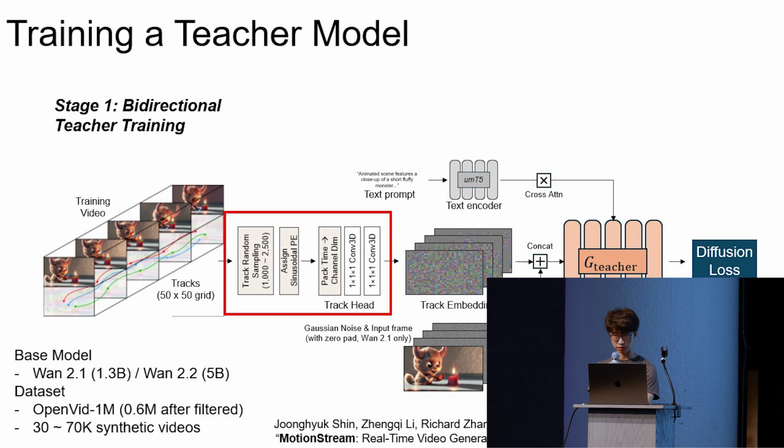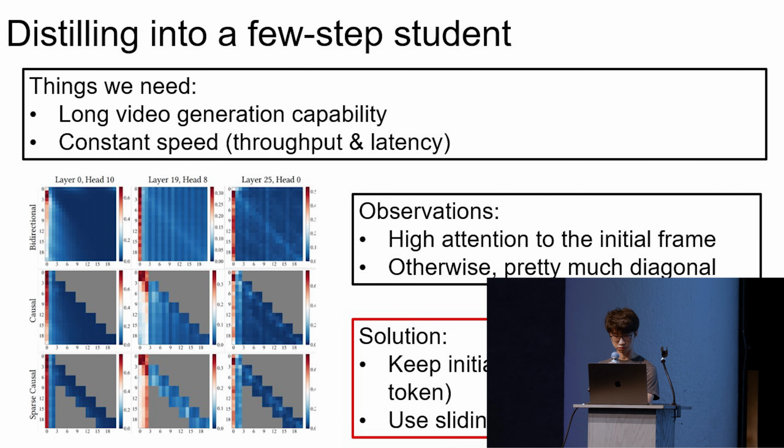Then we use something similar to self-forcing to distill into a few-step student, but we do have some additional observations. We found that no matter whether the diffusion model is bidirectional or causal, there are a lot of heads where the model pays most of its attention to the initial frame.